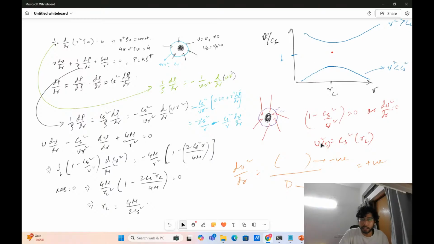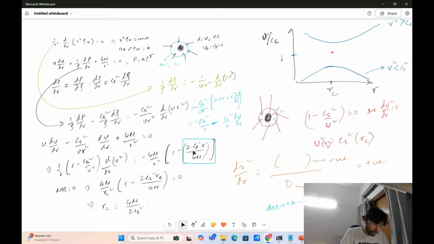As I said, the second condition states that v at RC is equal to cs at RC, right? Now, similarly, if you do the same analysis and impose another condition: for accretion, the condition that I said is v square tends to 0 as r tends to infinity.